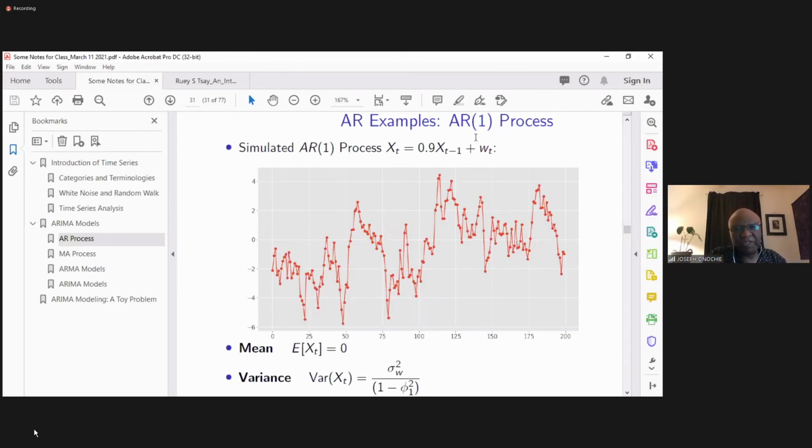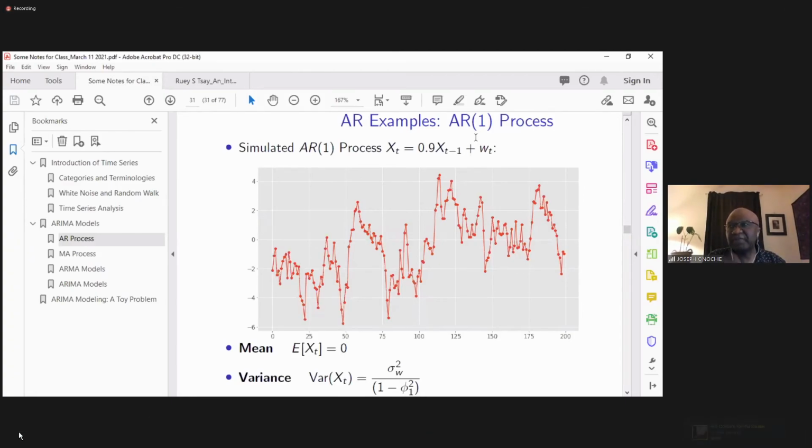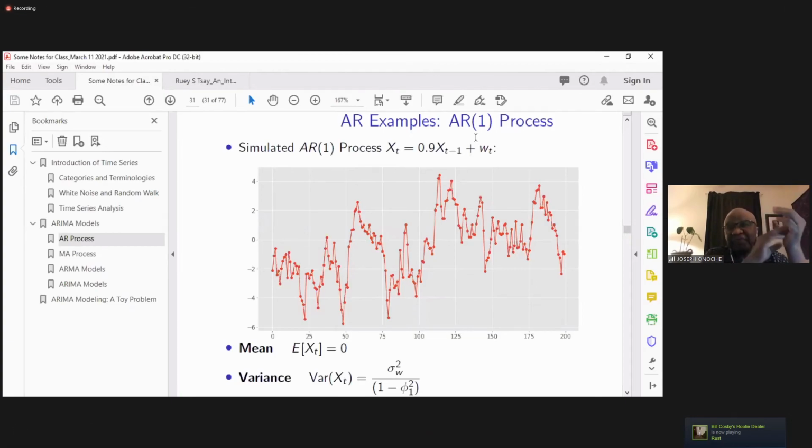So we will always test for stationarity when we have ARIMA processes, autoregressive, moving average. We test for white noise, and then we test for stationarity. But I have not discussed the formal statistical tests of stationarity. I will discuss it in the next couple of weeks, okay?